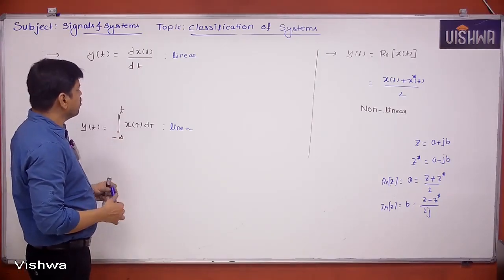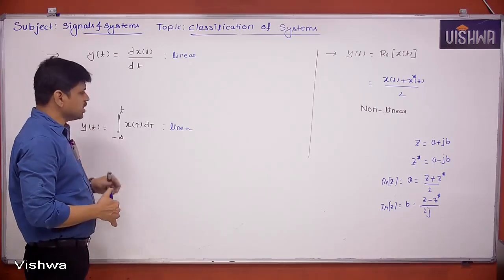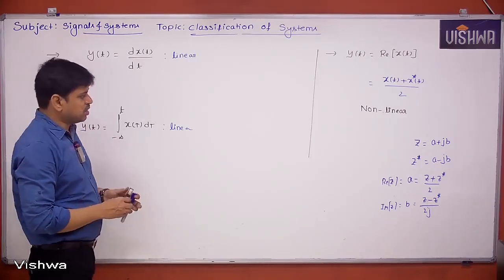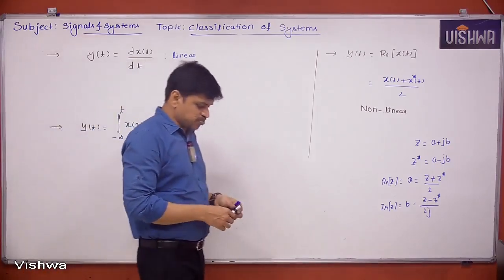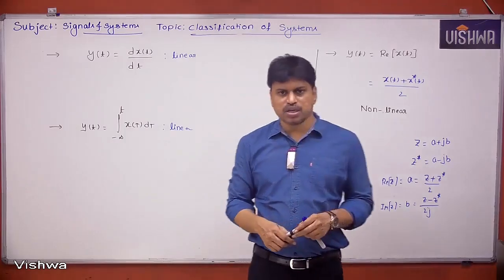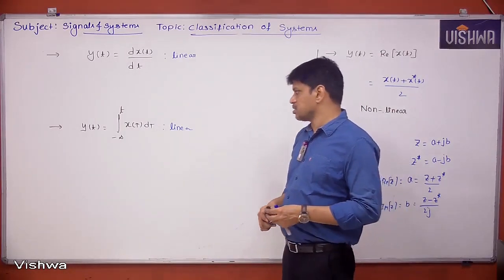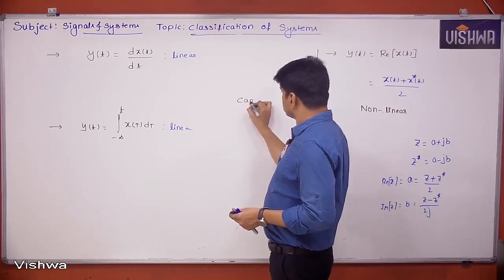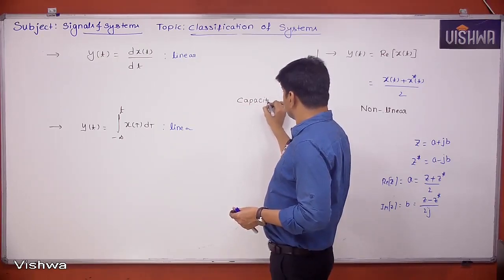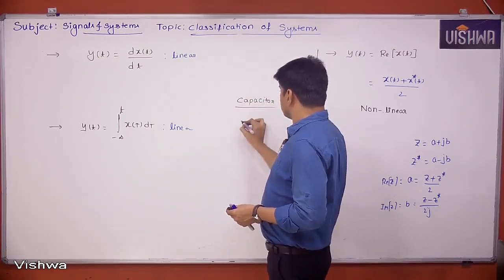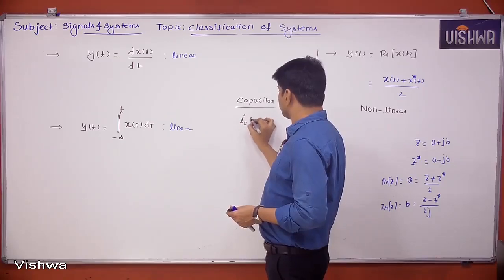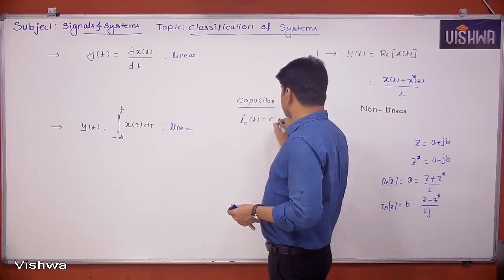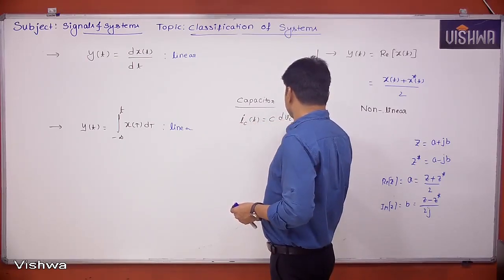Whenever you see differentiation and integration, remember one thing, they are like an inductor and a capacitor. Why inductor and capacitor? That too ideal inductor and ideal capacitor. Because we know, let's say capacitor. In the capacitor, the current Ic of t is equal to C dVc of t by dt.